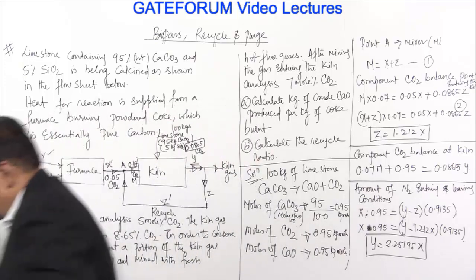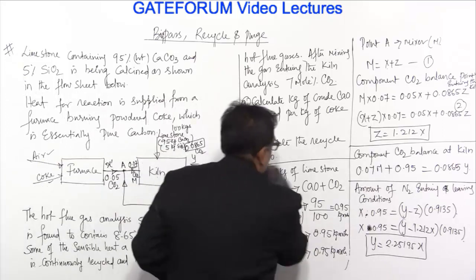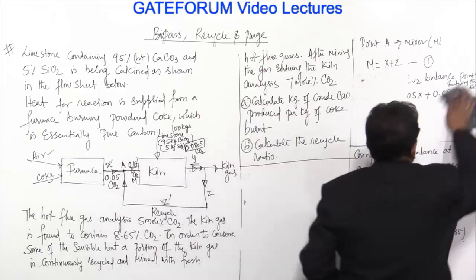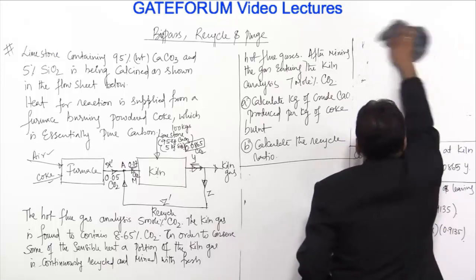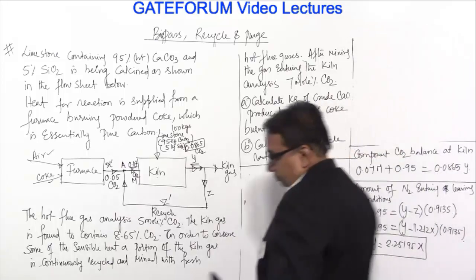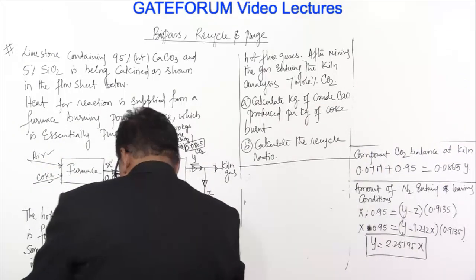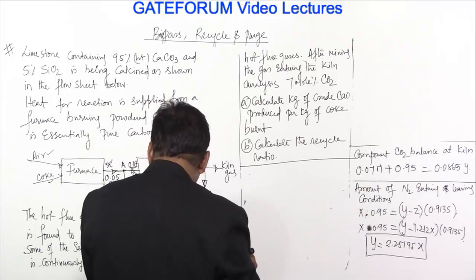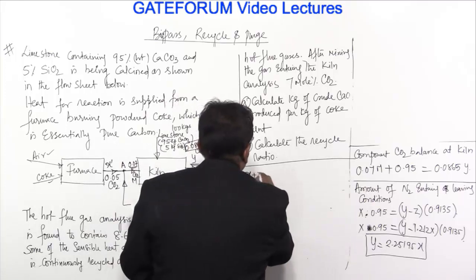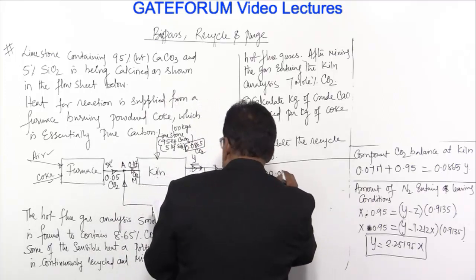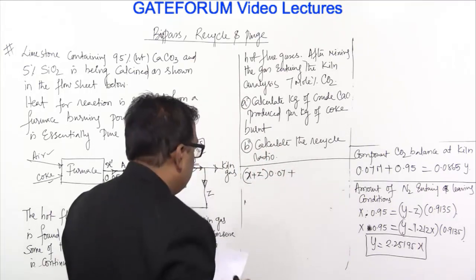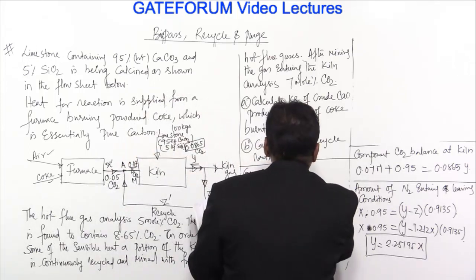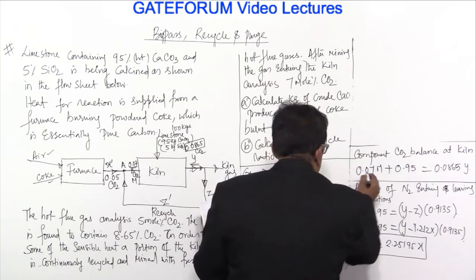So here, x plus z into 0.07, x plus z into 0.07 plus 0.95, this is what we are writing.